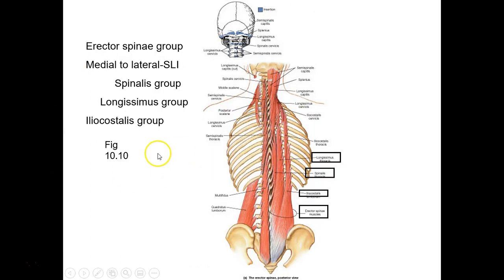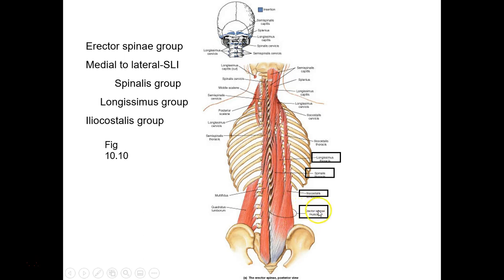All right, we're going on down. So this is the Erector Spinae group. Okay, so the Erector Spinae group, it's 3 muscles. They're not showing them over here. Remember, this is deep. This is more superficial over here. So if I drew a circle around these 3, like this right here, the Erector Spinae group, what do they do?